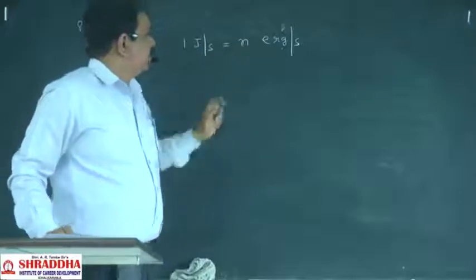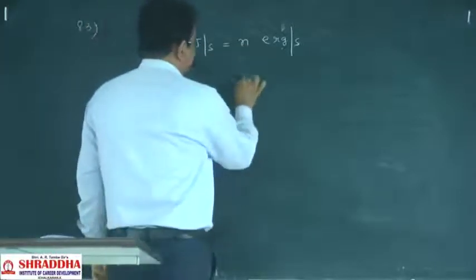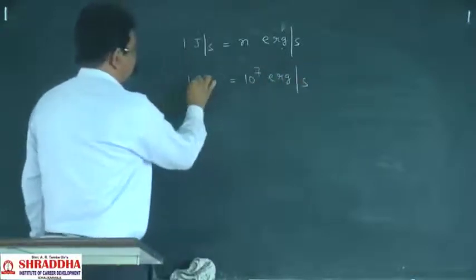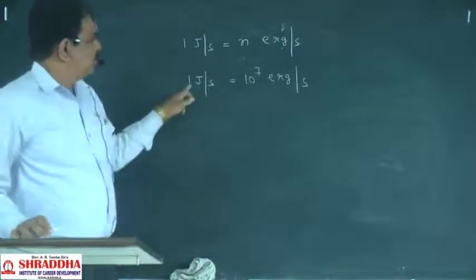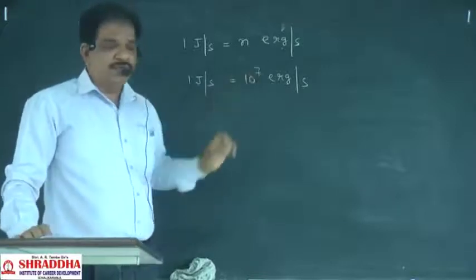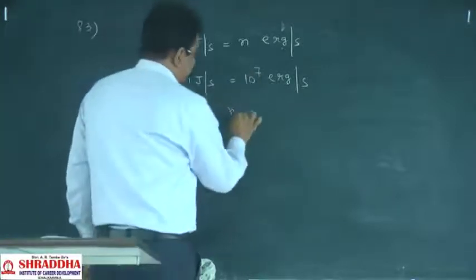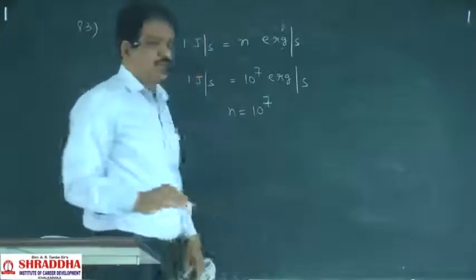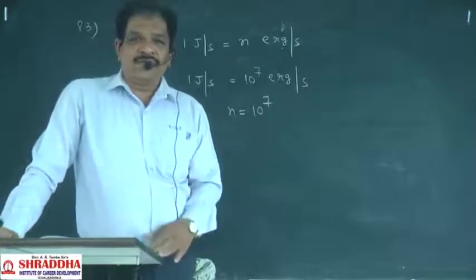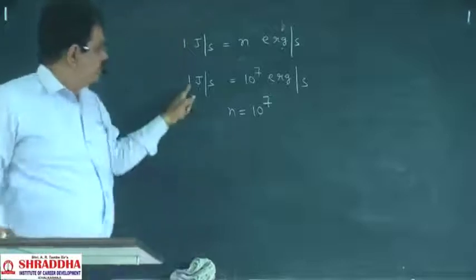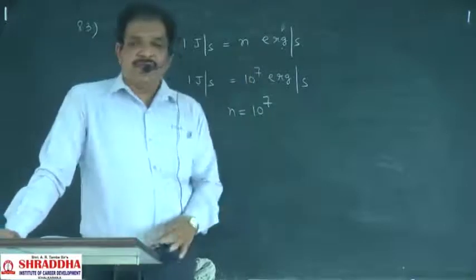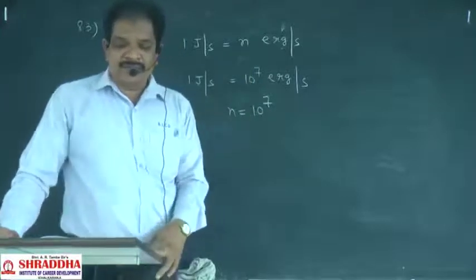So 1 joule is equal to 10 power 7 erg. 1 joule per second means 1 joule is equal to 10 power 7 erg. So comparing n value, how much we will get? 10 power 7. Okay. Already we know 1 joule is equal to 10 power 7 erg. That's why 1 joule directly we are writing 10 power 7 erg. So comparing this, n value will be 10 power 7.